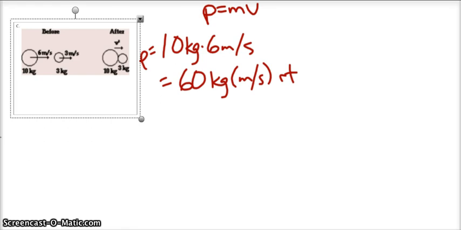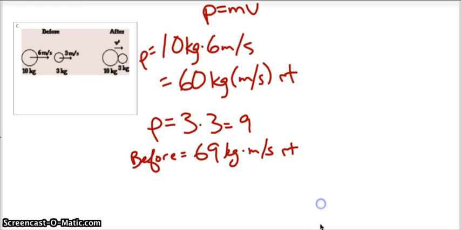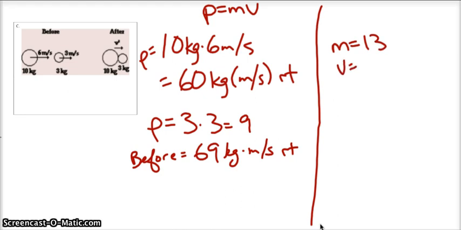All right, so pretty much similar to the one we just did. Your other momentum was 3 times 3, which is 9. So your total momentum before was 69 kilograms times meters per second to the right. After, the mass is a total combined mass of 13, and velocity we don't know.